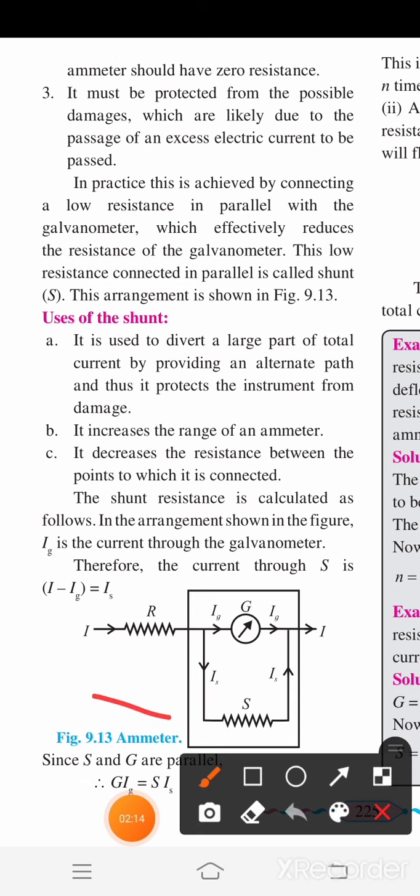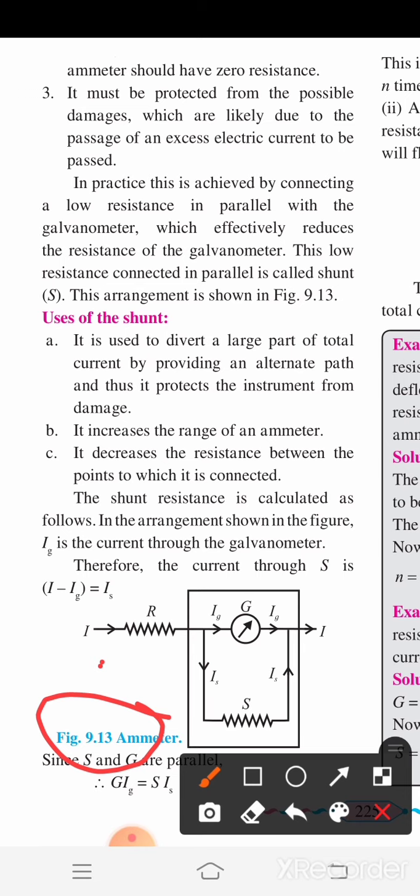This figure 9.13 gives the arrangement of shunt. Shunt is a low resistance connected in parallel with the galvanometer. That's why the galvanometer is converted into the ammeter which measures the electric current.